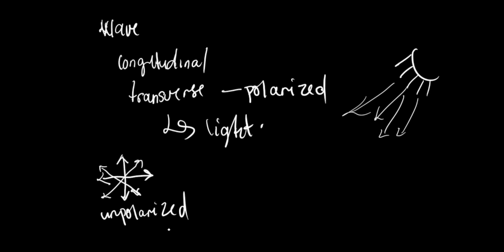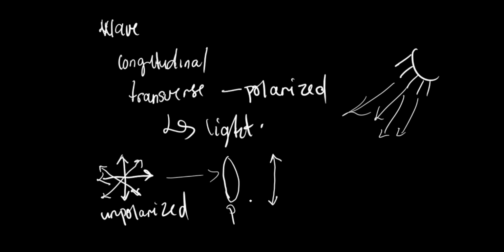Now when this light is made to pass through a polarizer, take for instance this is a polarizer P, this polarizer acts as a filter, and it filters based on its axis of polarization. Different polarizers have different axes of polarization. But let's say the axis of polarization of this particular polarizer is in the vertical axis.